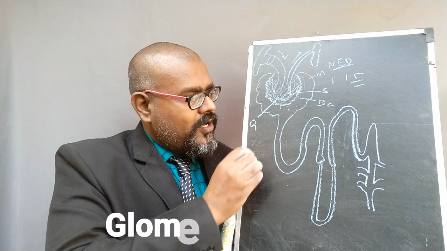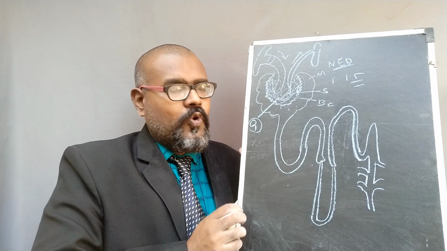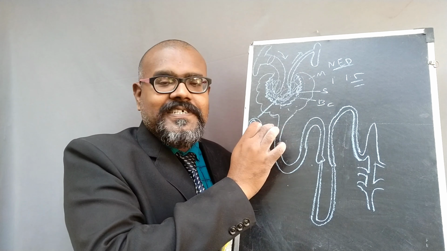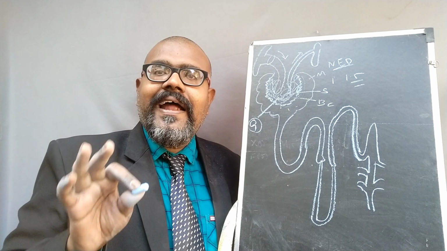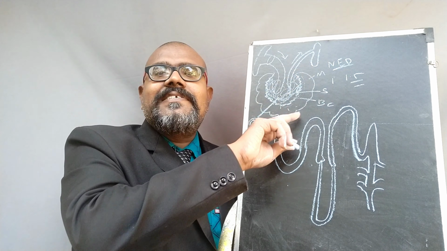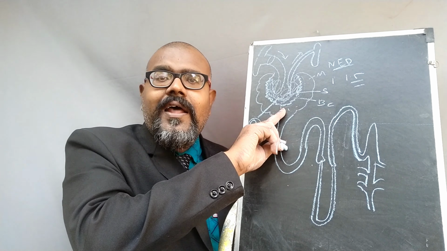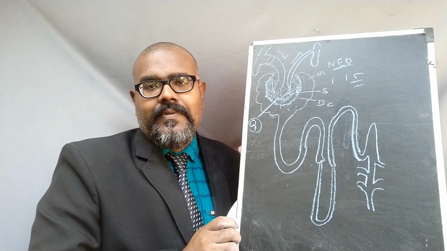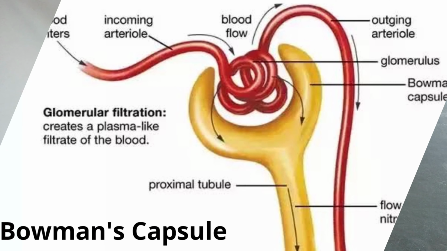Please remember, glomerulus. The whole cup-like structure is considered the Bowman's capsule. In that, the parts are the afferent arteriole, efferent arteriole, clustering of blood vessels, that is the glomerulus, the Malpighian tubule, and the renal corpuscles.